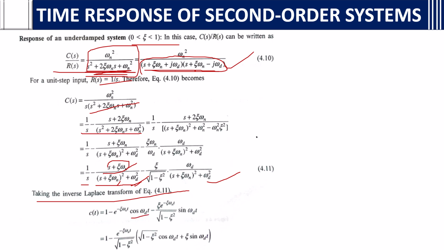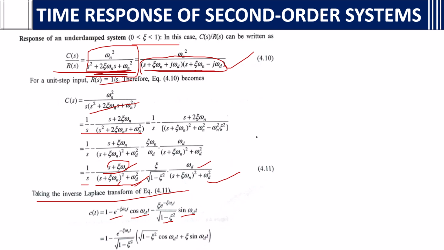So you will get e power minus zeta omega n t cos omega d t, minus zeta e power minus zeta omega n t by root of 1 minus zeta square sin omega d t.